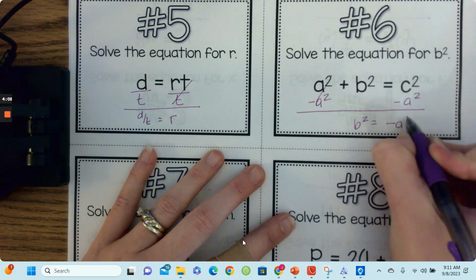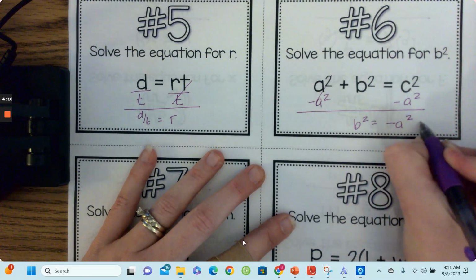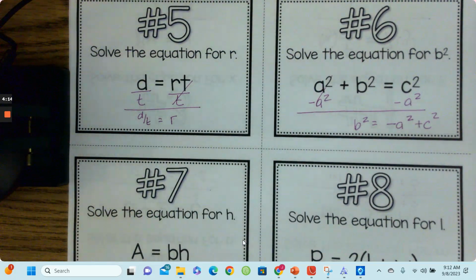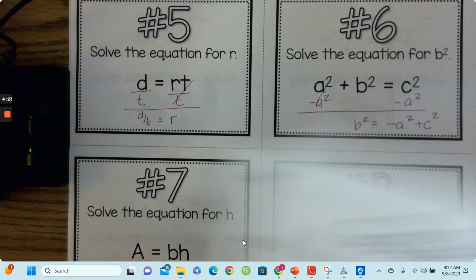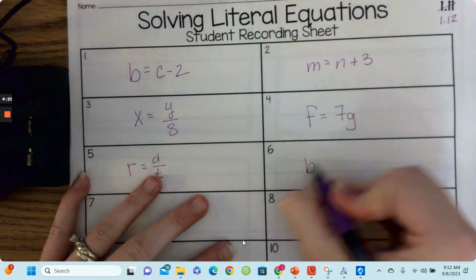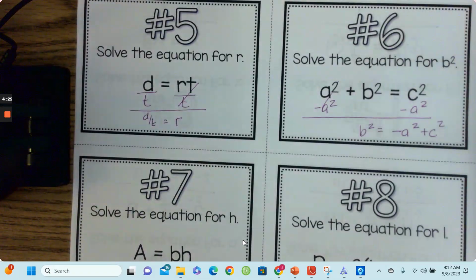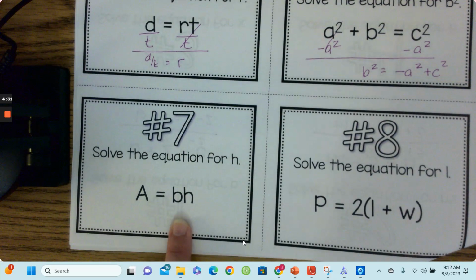So I would put the a first, and then that c squared is positive. So you don't have to mess with the exponent or anything. You don't have to cancel the exponent out, anything like that. Just when we're moving pieces, it's just addition and subtraction. I'm going to leave number 7 for you.